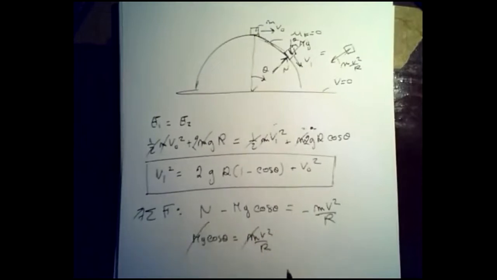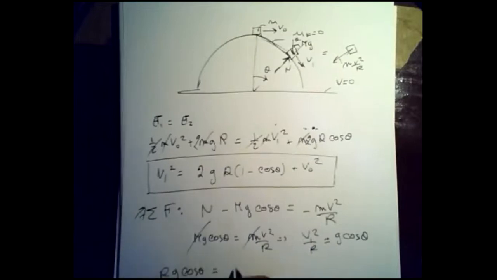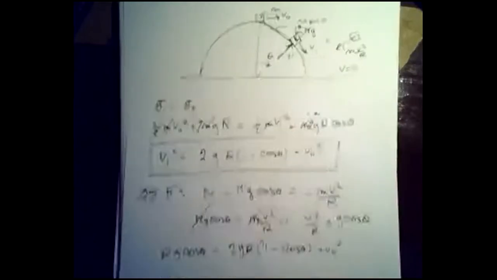The m's will cancel out. So what you do here is, this is your V1 velocity. V1 squared over R is equal to g cosine theta. So you take this and put it here, right? So V1 squared is equal to Rg cosine theta, which is equal to 2gR times (1 minus cosine theta) plus V0 squared.